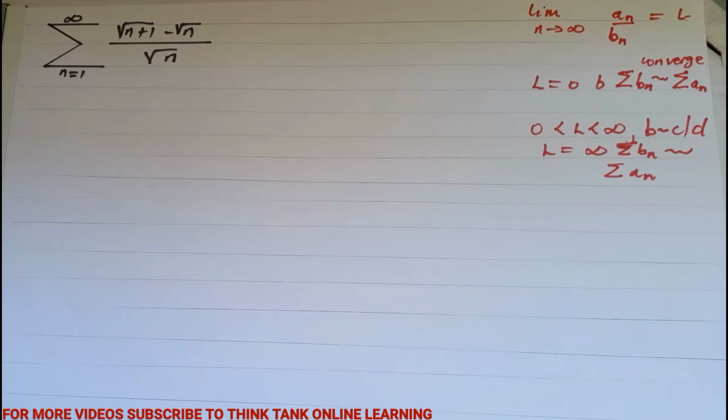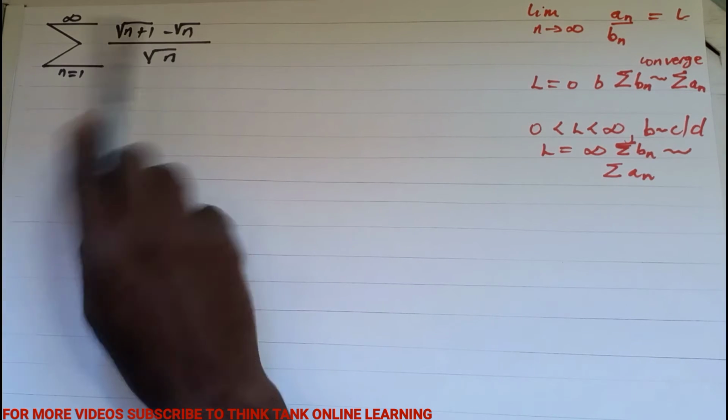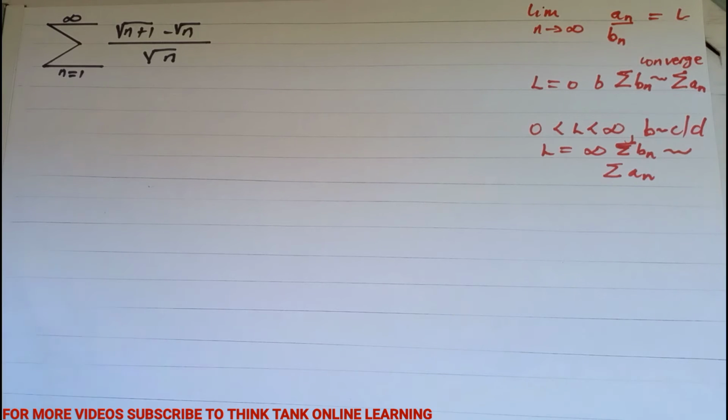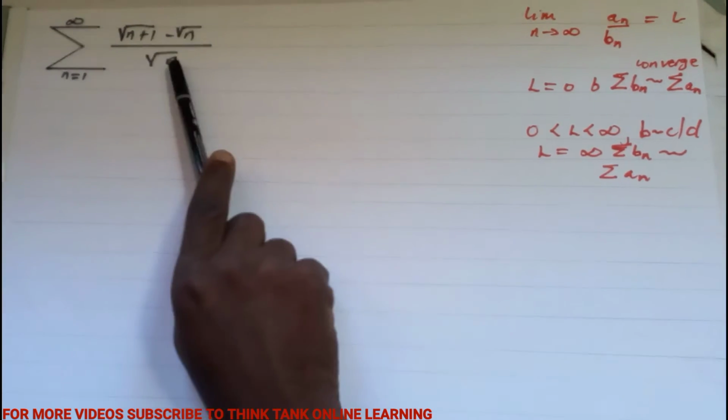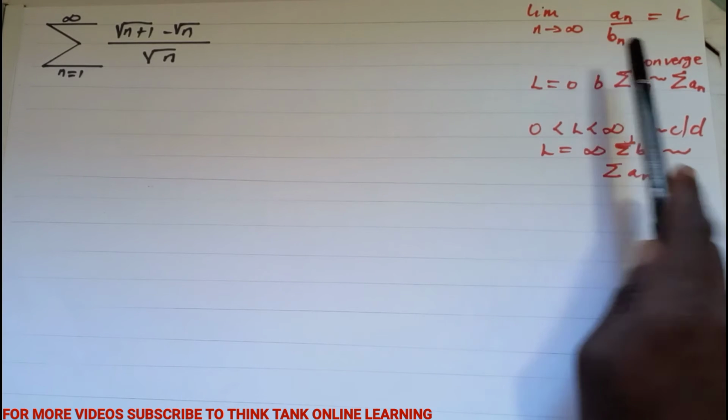Now moving to the next question. If you try to use all other tests except the limit comparison test, I don't think we'll succeed, or it will take long. So we want to use the limit comparison test, and we want to have 1 on the numerator. I don't think that is going to be a problem. We're going to compute the limit of a_n, which is this series, over b_n, which is a harmonic series.